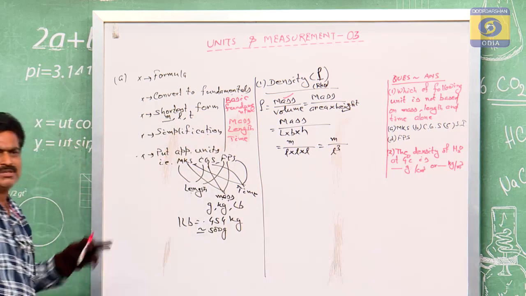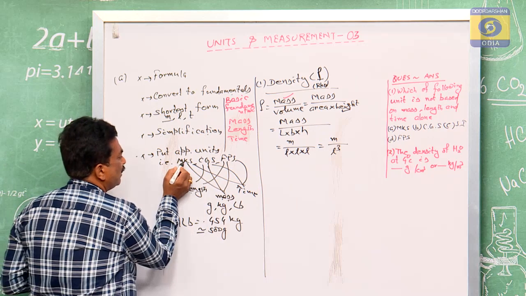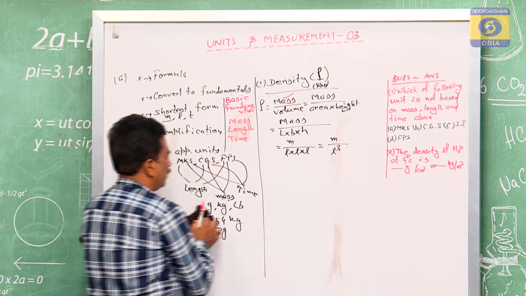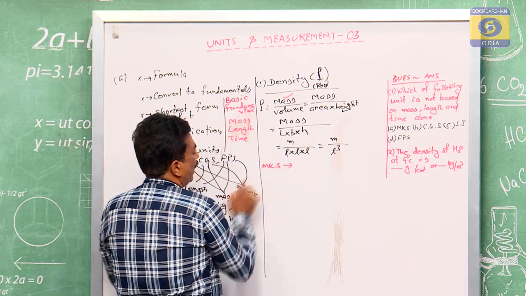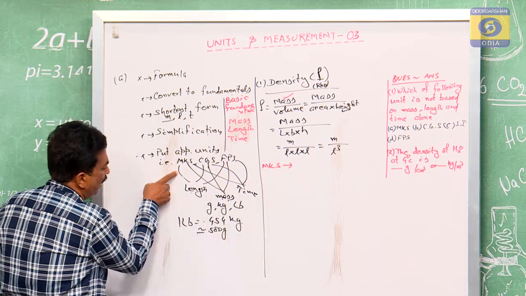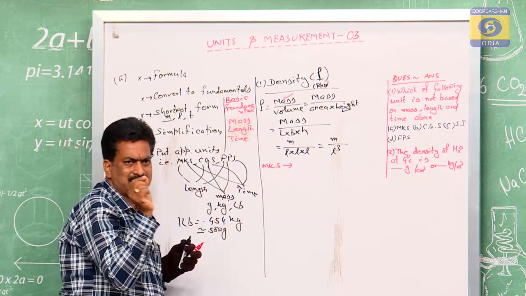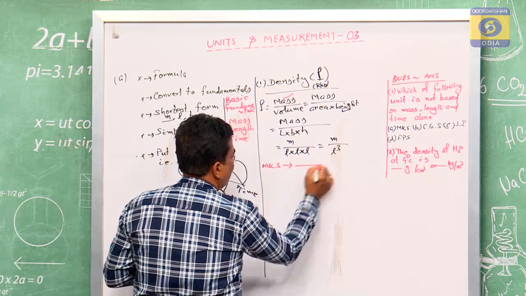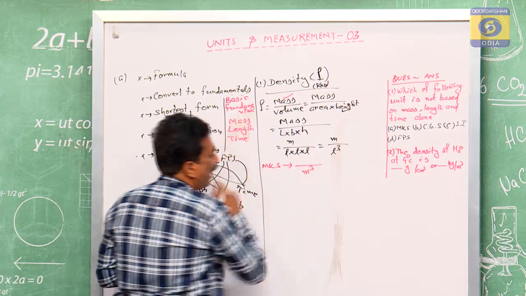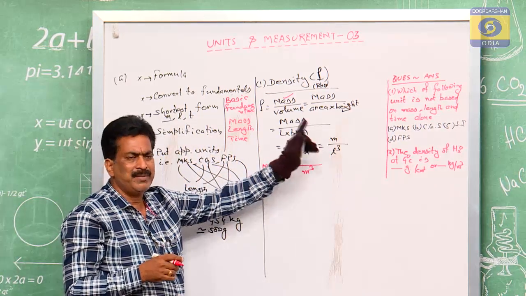The fifth step is to put the appropriate units. What are the appropriate units? MKS or CGS or FPS. Suppose we go for MKS. For MKS, what does M stand for? M stands for length. So for MKS, the length is measured in meters. You see the length is here, so that is the meter cubed. And the numerator is the mass.